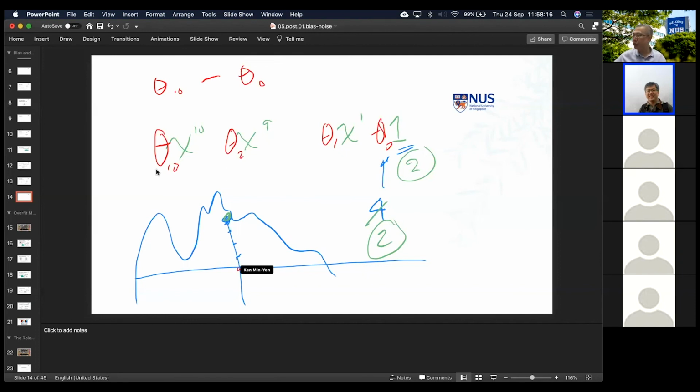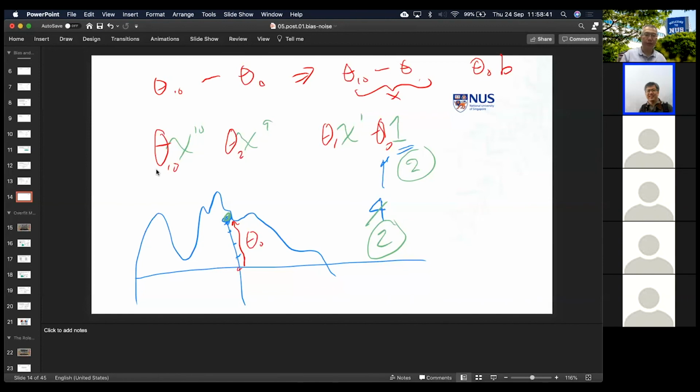This translation here is basically due to our theta 0. We decompose this into theta 10 through theta 1 plus a bias term, which is our theta 0 times our B, and this is all of our x values. Does that make sense?